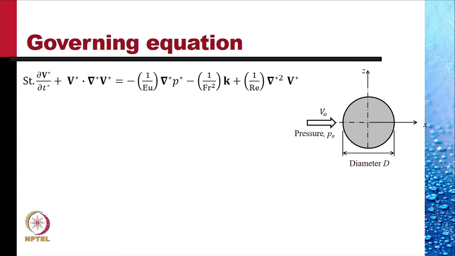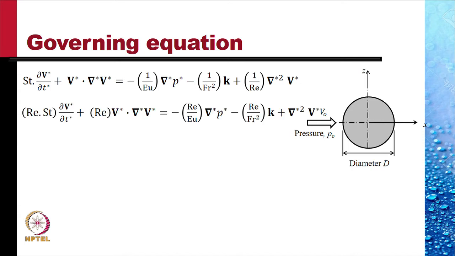If Reynolds number is low, the viscous term would have a coefficient which is much larger than 1. It is not convenient to us, so we multiply this equation across by Reynolds number to make the coefficient of the viscous term 1. This is the resulting equation.